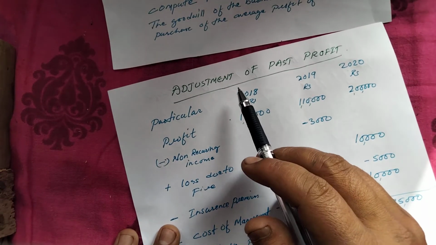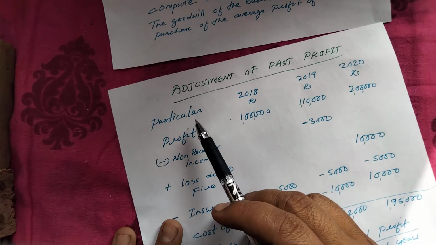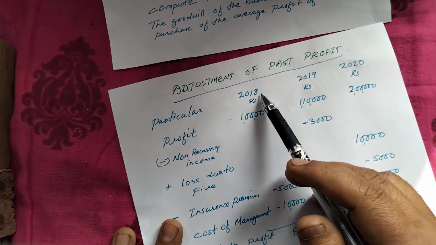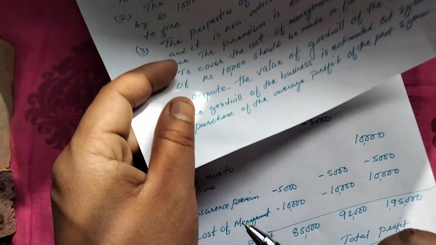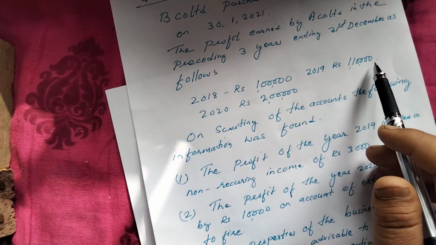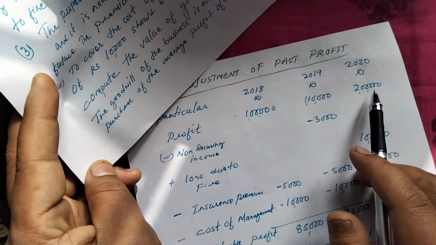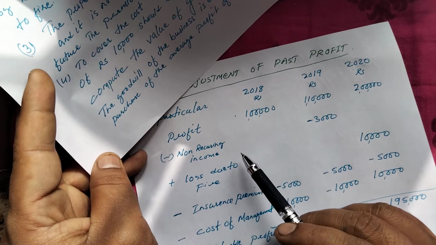First we have to make adjustment of past profits. So particulars, rupees, 2018, 19, 20. Profits, as we already know, are given: 1 lakh, 1 lakh 10,000 and 2 lakhs. Now we have to adjust abnormal things.